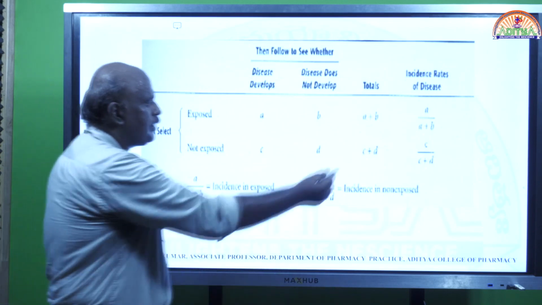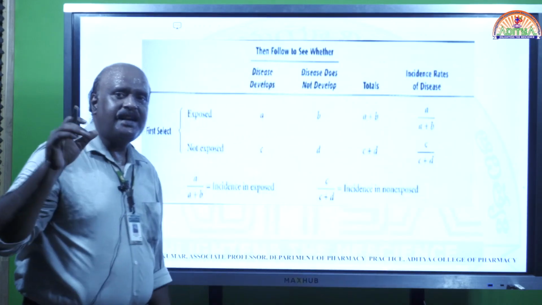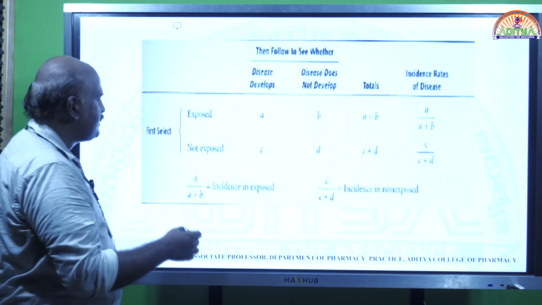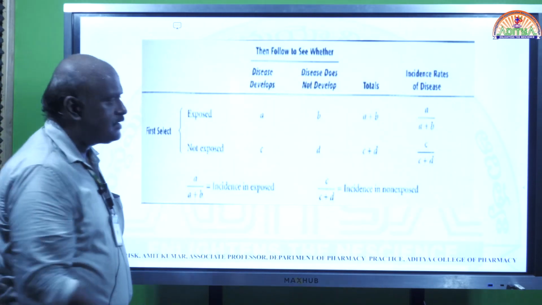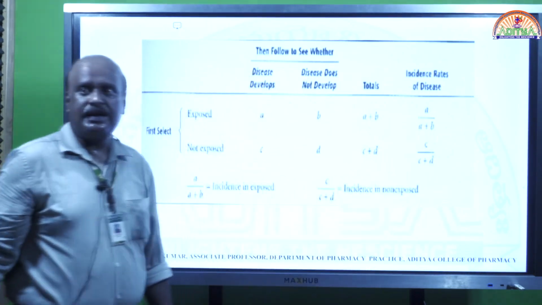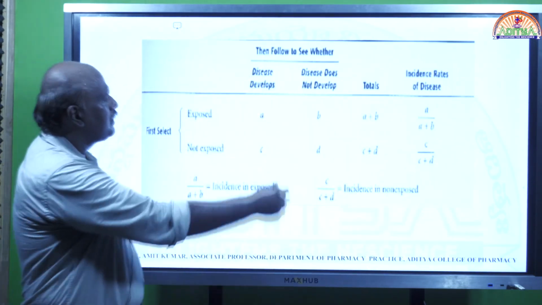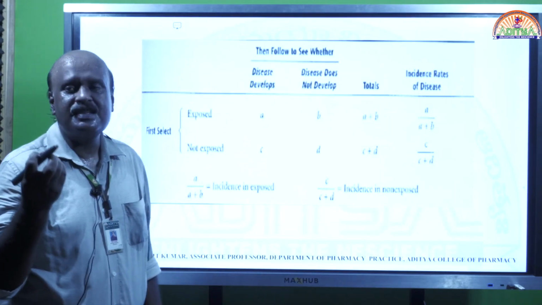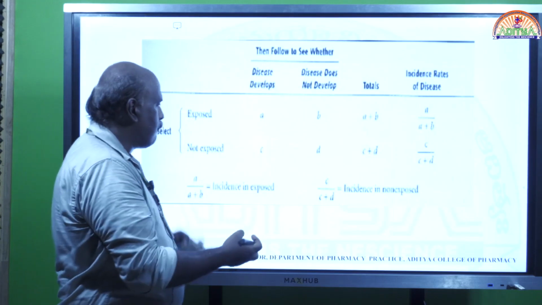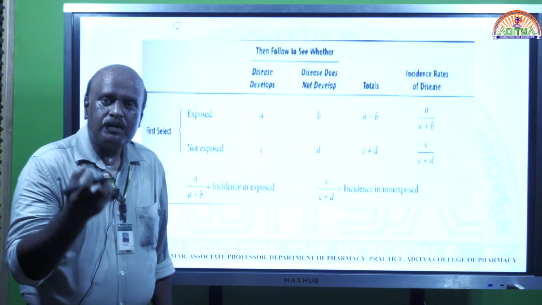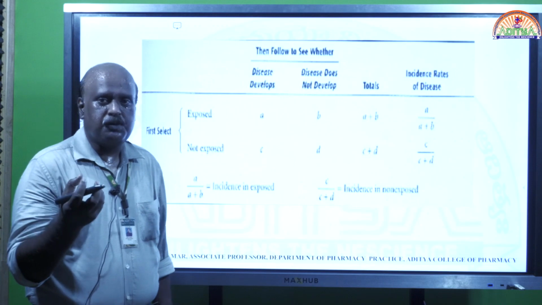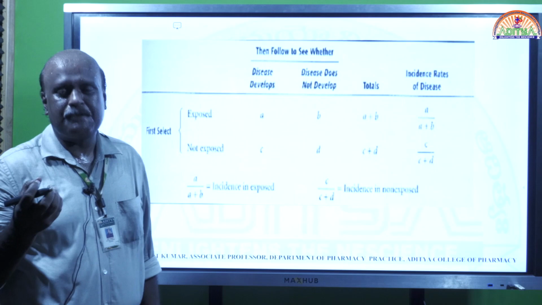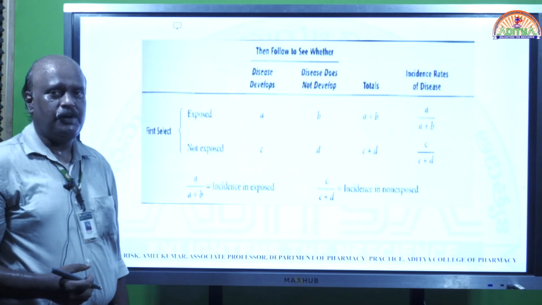Therefore A by A plus B is the incidence rate of disease in the exposed group, whereas the incidence rate of disease in the non-exposed group is given as C by C plus D, where C is the number of people who have got the disease and C plus D is the population of people in the non-exposed group. Hence C by C plus D is the incidence rate of disease in the non-exposed group.